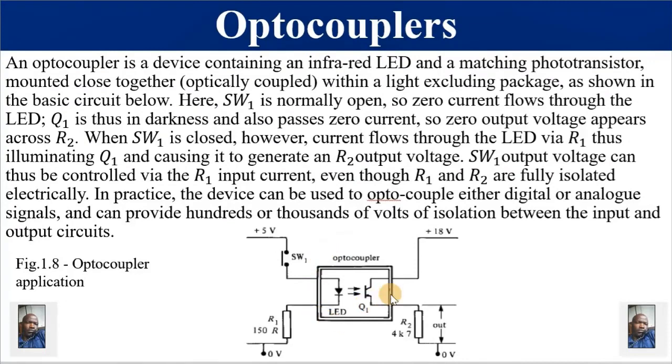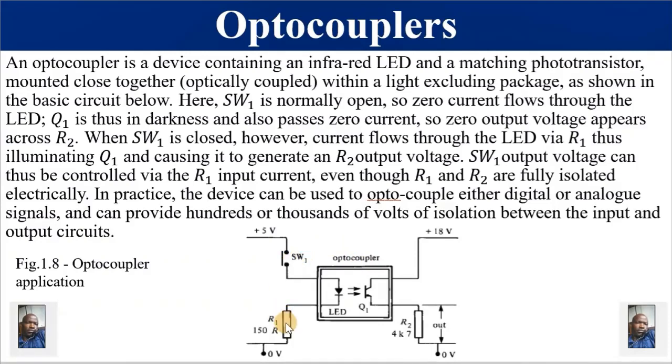This is an optocoupler, and it contains a light emitting diode as well as a phototransistor. This is a phototransistor, it's not a photodiode. Photo means light. And we are saying these are external components that are connected to the optocoupler. This represents a switch.